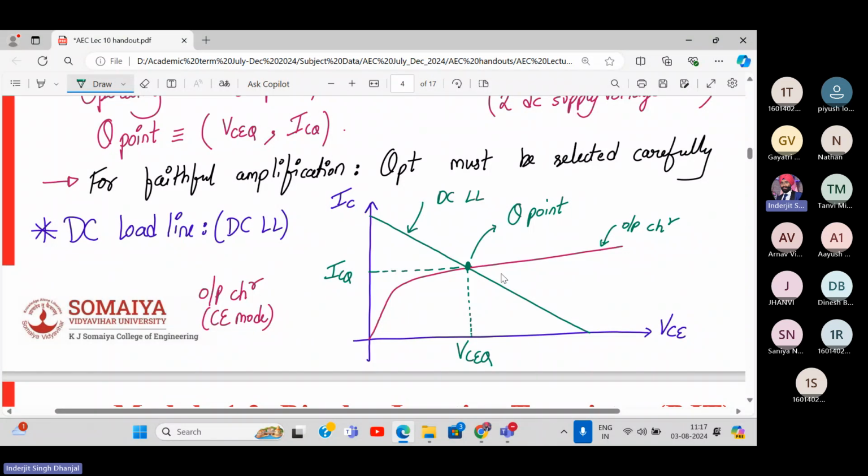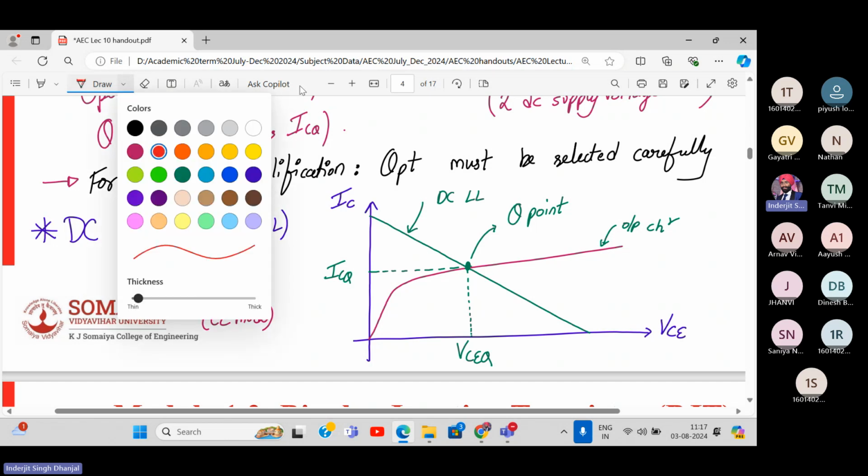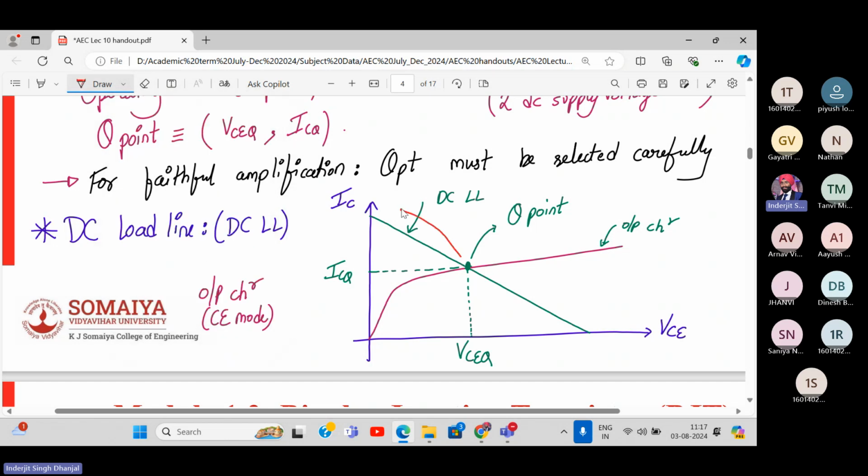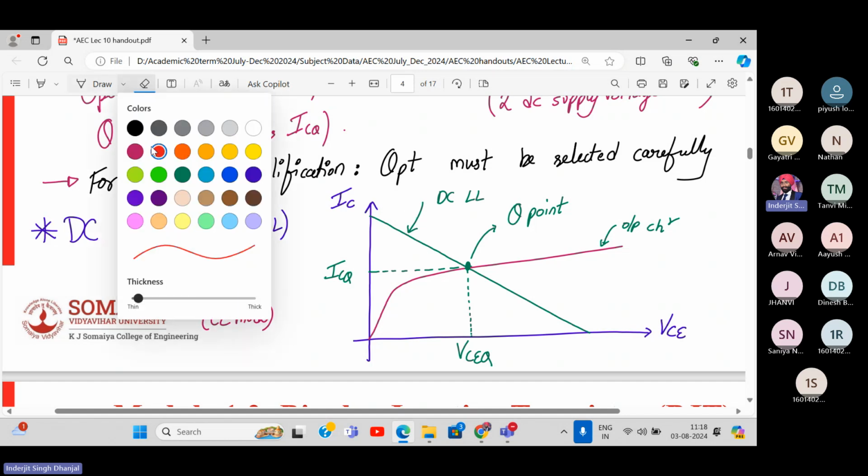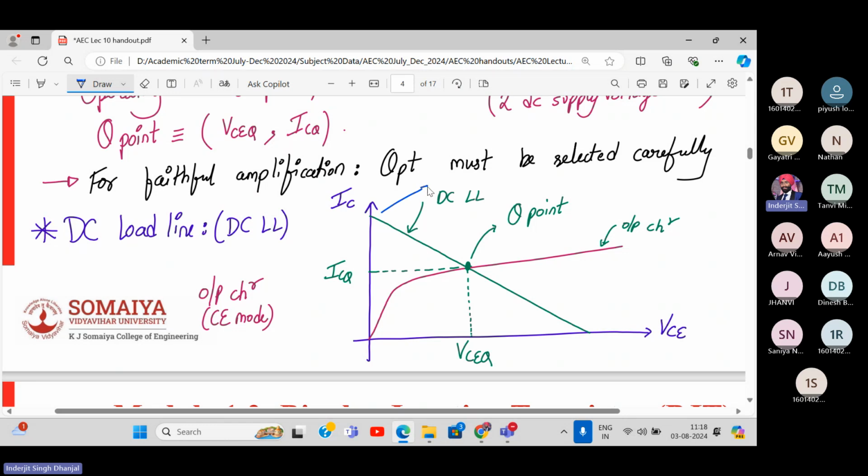Now this Q point should not be disturbed. All right, because if this Q point shifts above, we have the saturation region over here. Remember, we have saturation over here, and here we have cutoff.